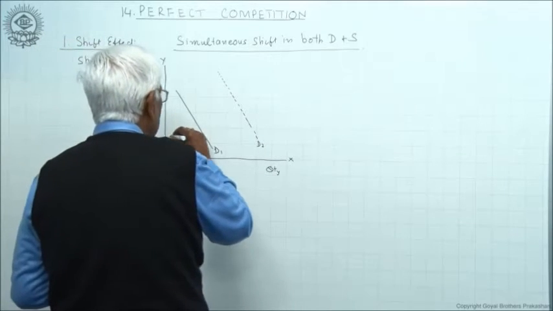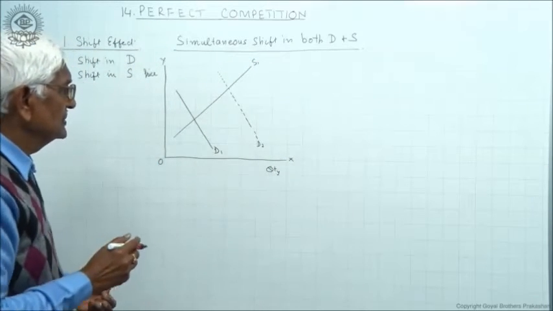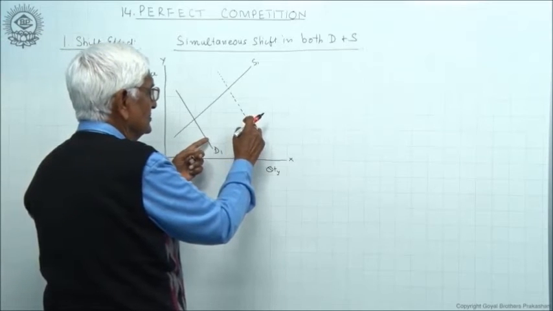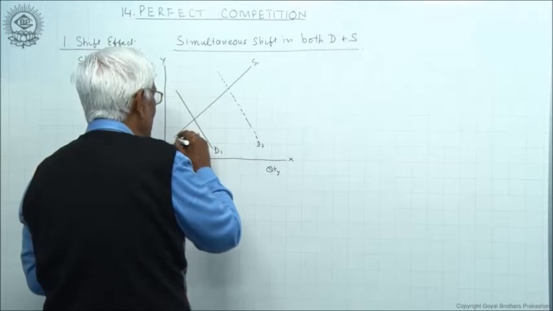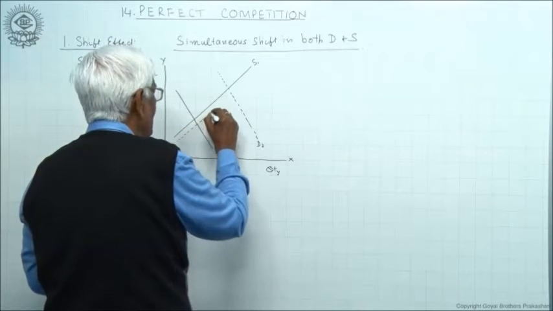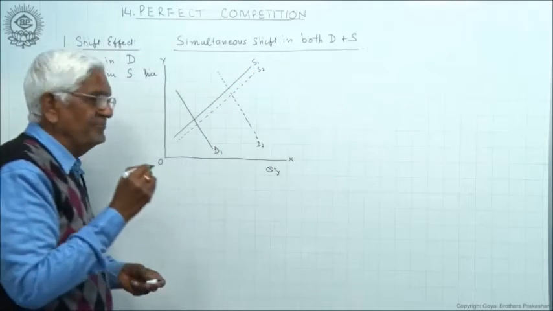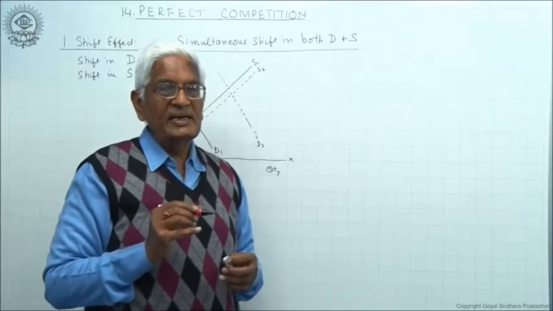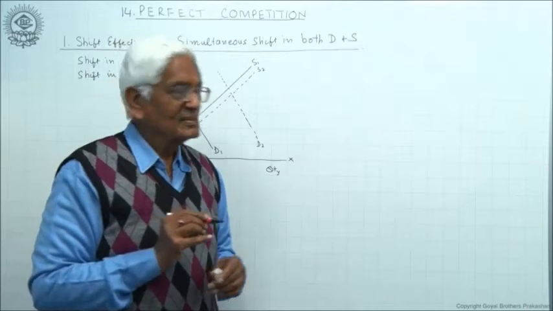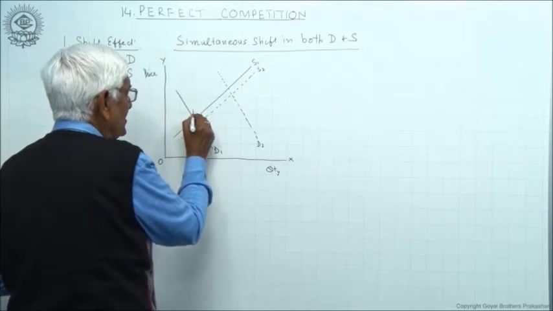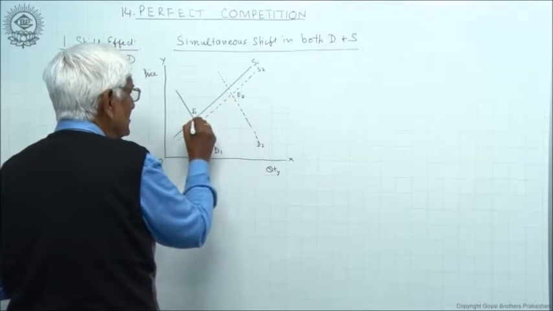Then we have to take supply curve S1. Now note this distance. The increase in demand is greater than increase in supply, so it's better to be increase in supply to be less and visibly less. खाली less नहीं, दूर से नजर भी आना चाहिए कि ये काफी less है. Your original equilibrium was E1 and new equilibrium is E2.